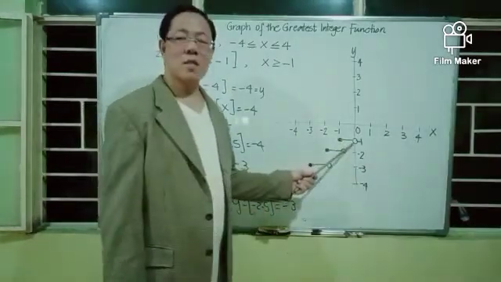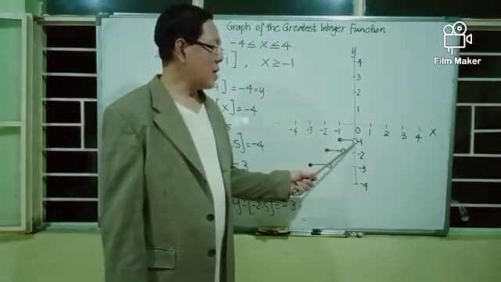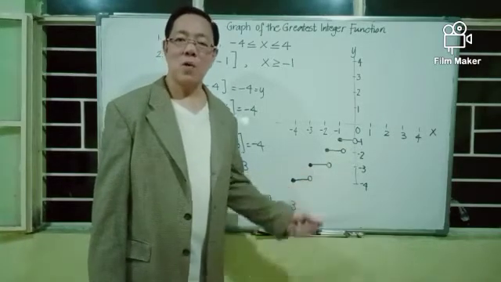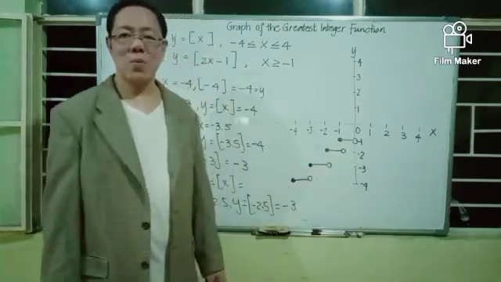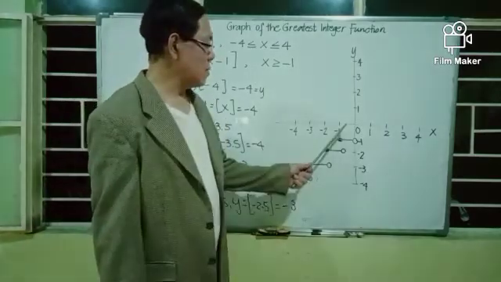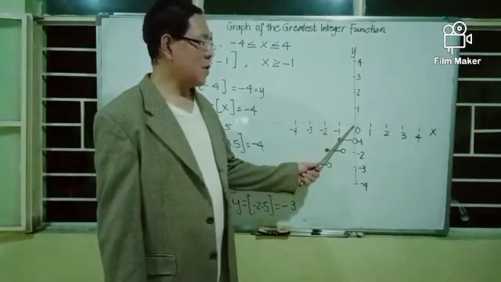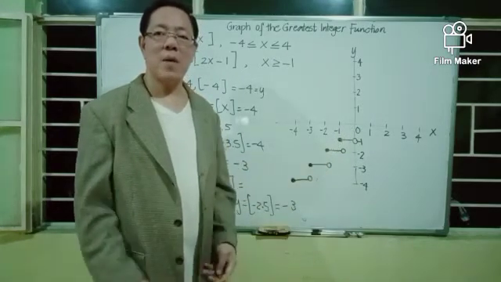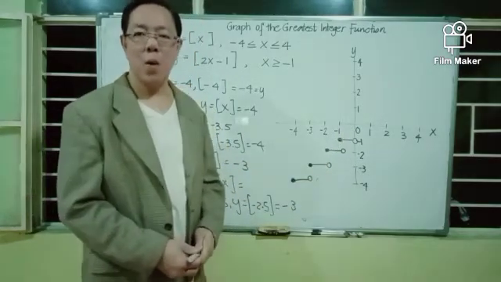But when x equals 0, the value of y is not -1 because the floor of 0 is not -1 but 0. When x is 0, the floor of 0 is itself, and we indicate that by a shaded circle or a point.